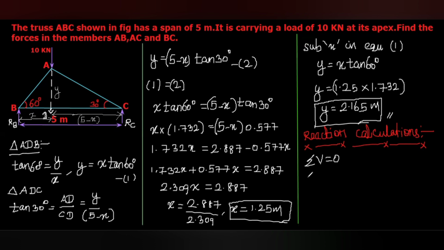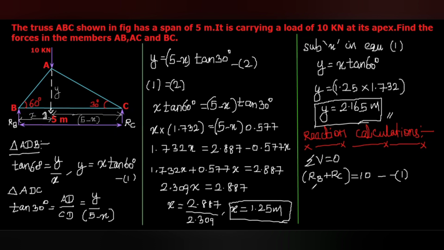That is, the addition of the upward forces, RB plus RC, equal to the summation of the downward forces. Here only one downward force is there, that is 10 kilonewton. This is the first equation here.